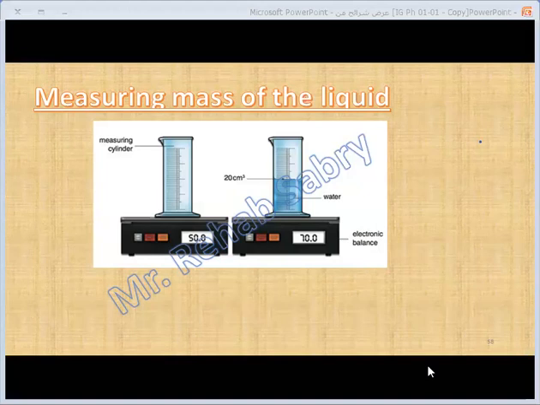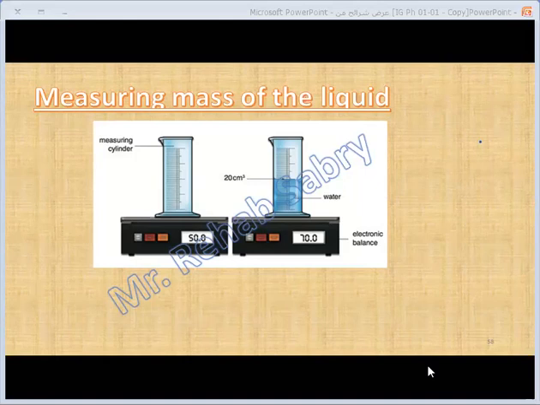Mr., the question is not about the mass of the liquid, it's about the general mass. So we use a balance to measure the mass. But if we use a balance, we are measuring the weight, because the balance works with gravity. No. Weight is for gravity. But the balance undergoes a process called standardization.